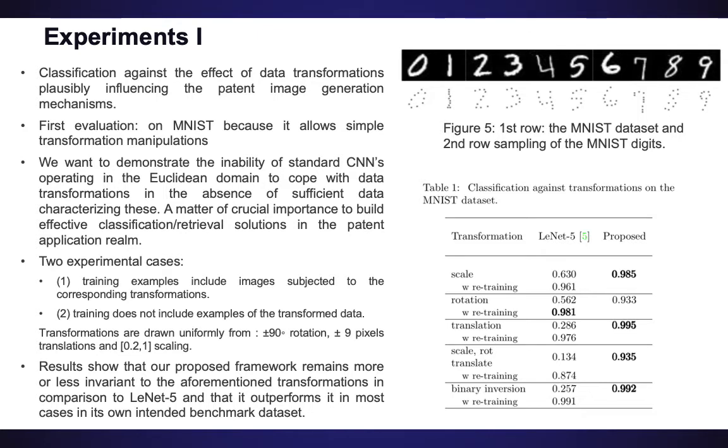So we did this for scaling, rotation, translation, scaling, rotation, and translation simultaneously, and binary inversion. The rotation is drawn from a uniform distribution between minus 90 and plus 90 degrees. The translation is between minus and plus 9 pixels, and the scaling is between 0.2 and 1.